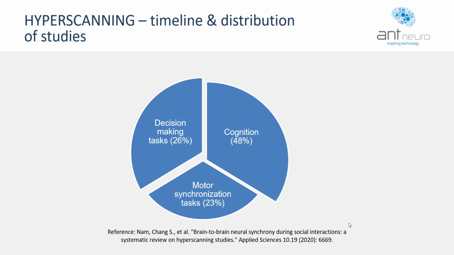The third application area that you see a lot of these studies in is motor synchronization tasks. So that constitutes about 23% of the studies. And one good example there would be the Edson-Filio study, where they look into interactive juggling. So you have two sets of subjects: individual juggling as well as paired juggling that they look into.